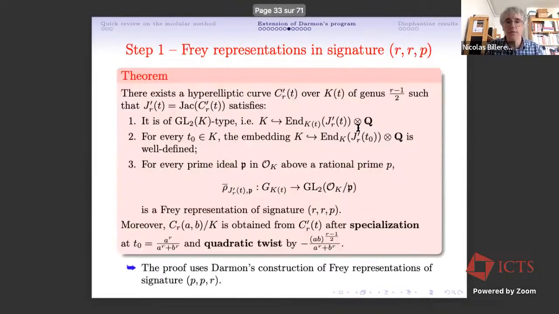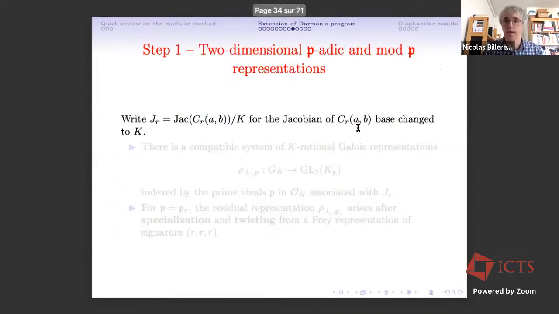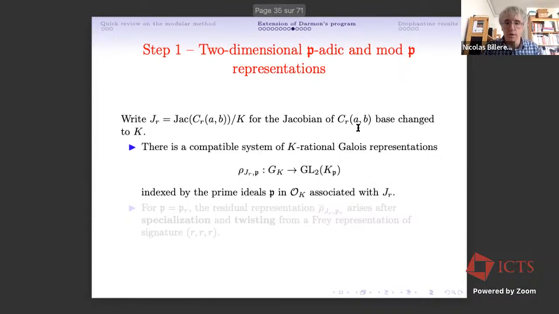Okay, so now that we have an abelian variety of GL2 type, we can attach two-dimensional Galois representations, p-adic and mod P representations to it. So I will denote by J sub R the Jacobian of the hyperelliptic curve CR of AB, base changed to K, because it's over K that it gets GL2 type.